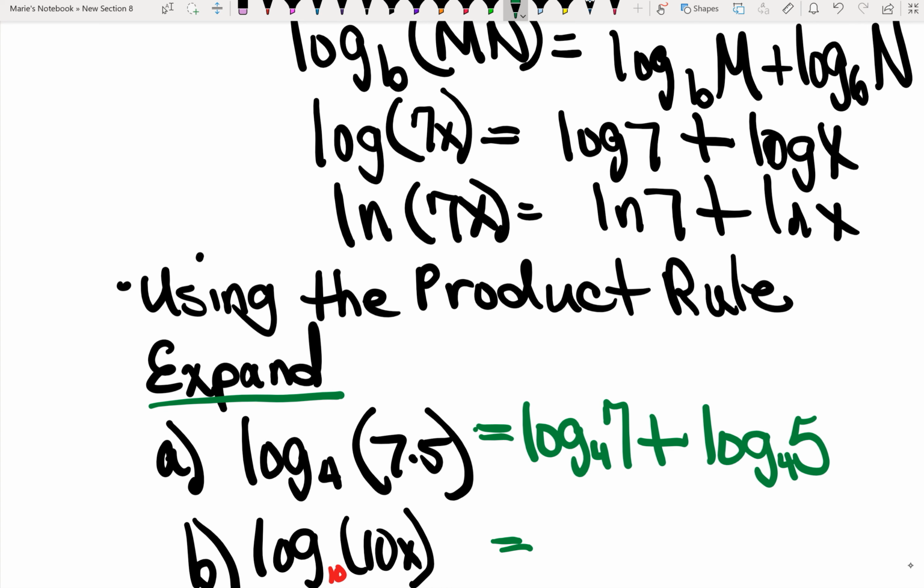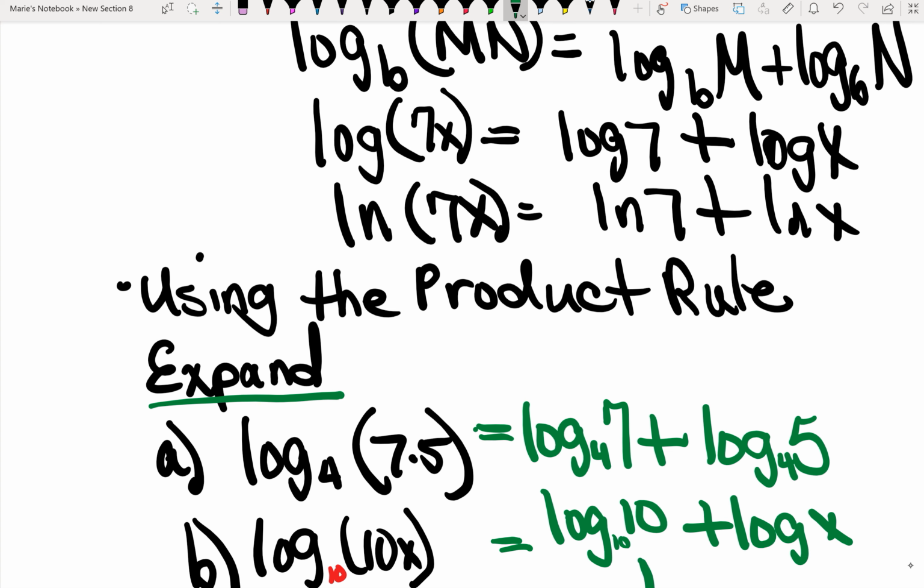And so in the first step, you're going to say log of 10 plus log of x. Now you just have to remember that in this case, there's a little 10 here, and so 10 to the 1 would give me a 10. So this actually becomes 1 plus log base 10 of x. We're just assuming it's base 10.